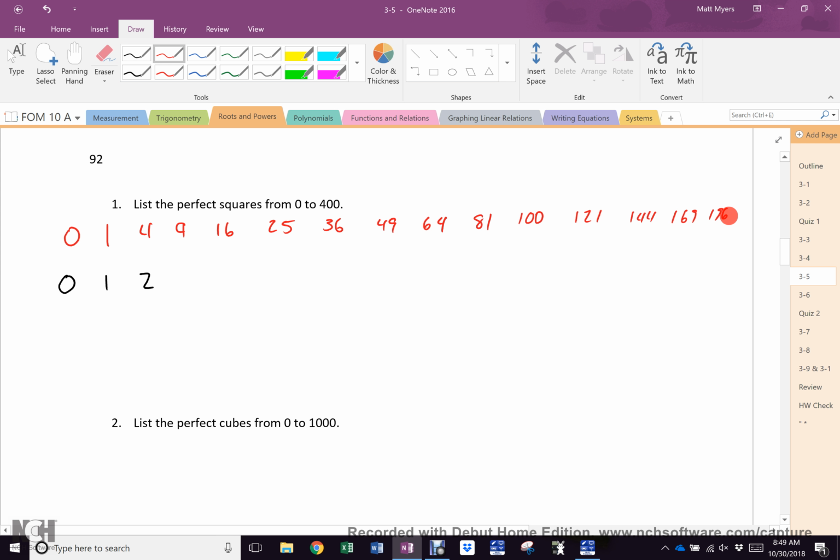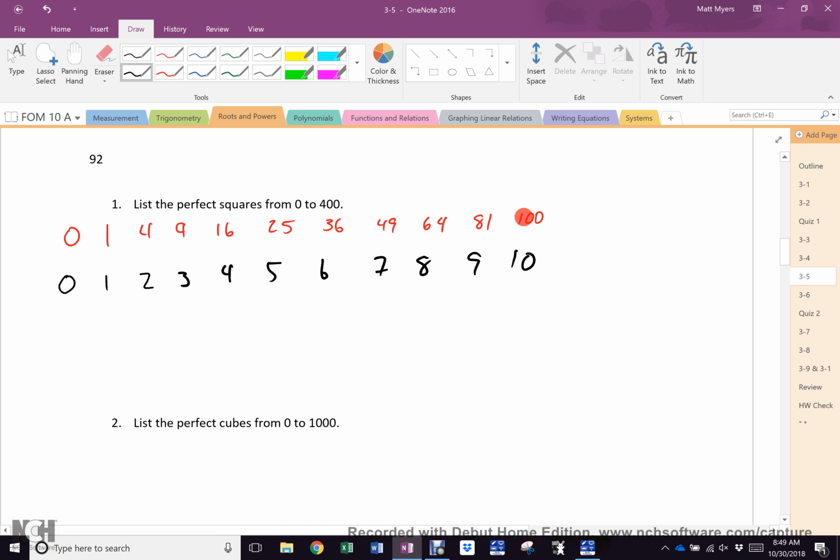I'm going to run out of room. I'm going to stop at 100. Now, let's pretend you don't know these. You should notice a pattern. +1, +3, +5, +7, +9, +11, +13, +15, +17, +19.